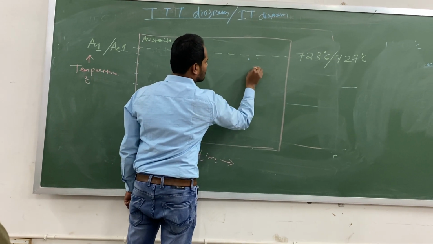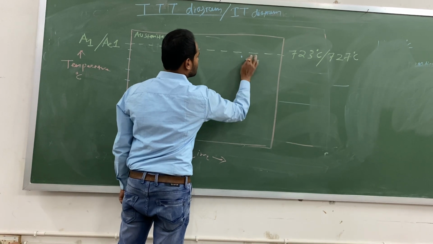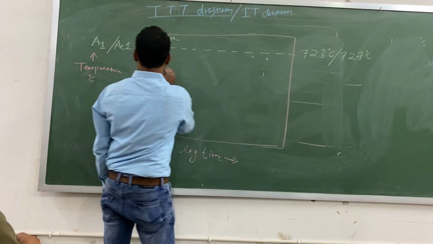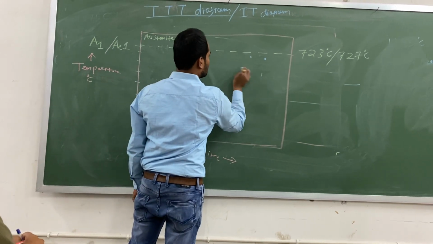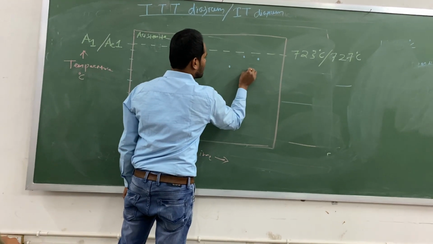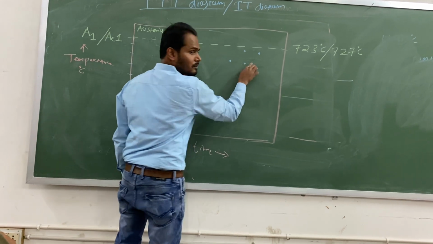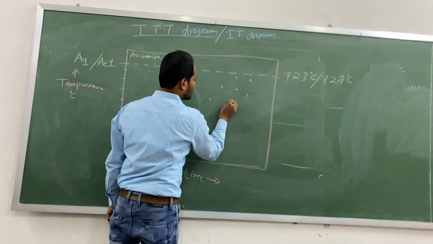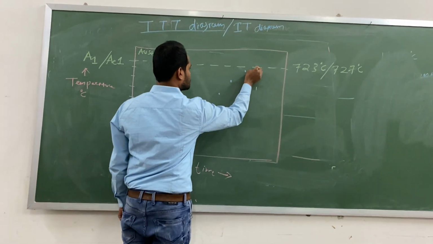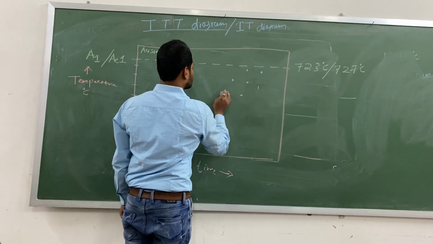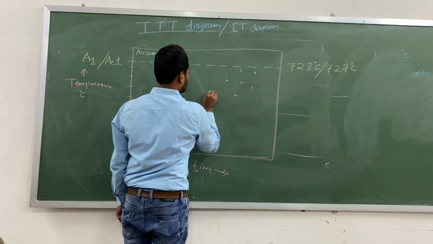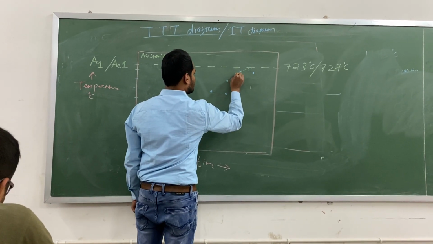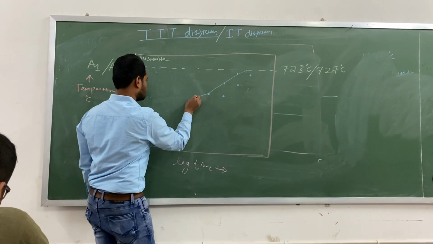Similarly for this one, I can draw a point here and a point here. For this one, I can draw a point here and a point here.